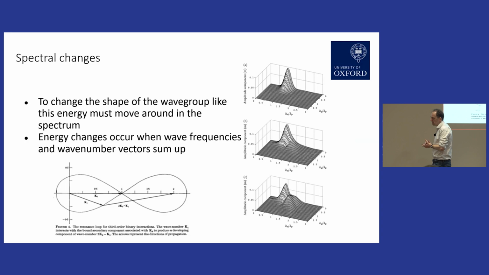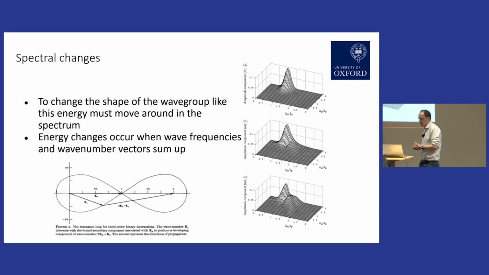So again, this is going back to the beautiful simulations Paul Taylor did 20 years ago, where they started with a Gaussian wave group like the one at the top. And what happened over the course of simulations, the middle one's just a time in the middle and the bottom one's a time at the end, is, well, what are the changes?